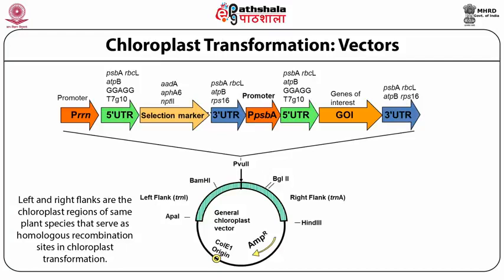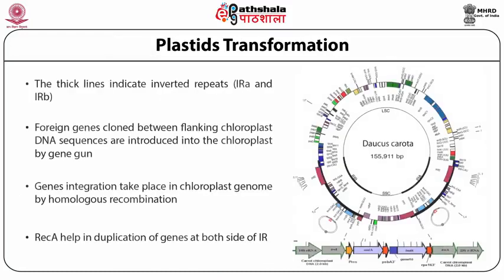It is a very standard transformation vector where you can insert your genes, using different promoters and the gene of interest, in the site between the two flanks, and then these flanks help integration of the whole cassette into the chloroplast genome. So the left and right flanks are the ones which guide the integration of your genes into the chloroplast genome by homologous recombination.